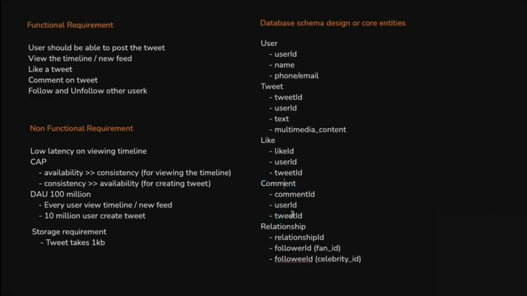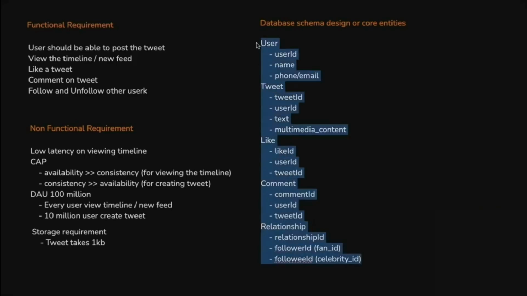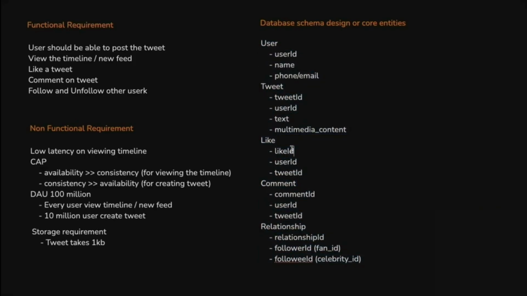As you can see, these are foreign keys for entities like comment and like, and this is a primary key for the user table. So user ID is a primary key for the user table and a foreign key for these tables. Tweet ID is the foreign key for the like and comments tables. So now you are able to establish the connection between these core entities, and that's how we started to put this information into the system.